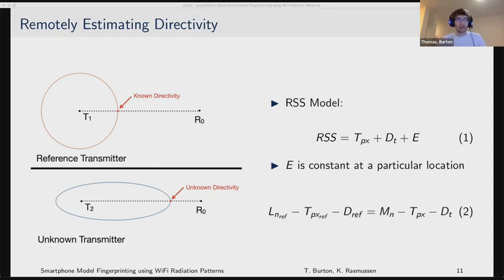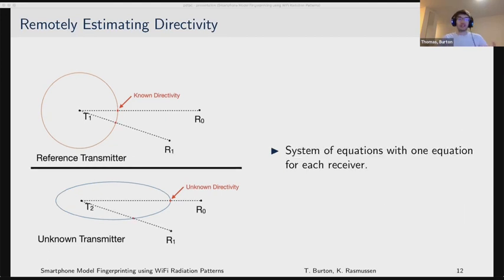This allows us to compare two different transmitters at the same receiver and the same location: a reference transmitter and a transmitter of an unknown type. On the left-hand side, we show a quick example of this. At the top, we have a reference transmitter. It has a known radiation pattern, therefore a known directivity, and we can use an equation to directly compare this to the transmitter at the bottom, which is unknown and has an unknown directivity.